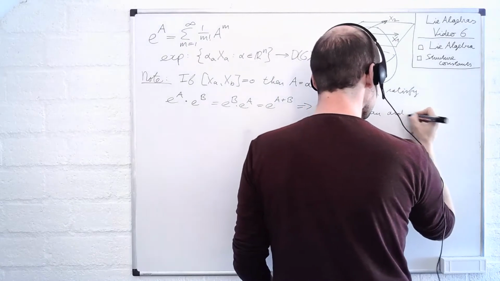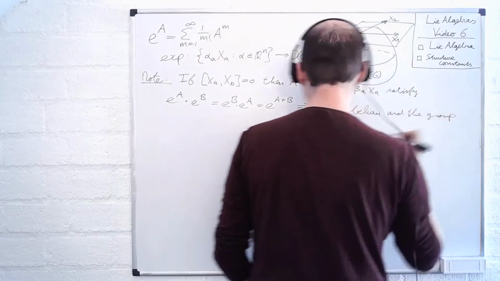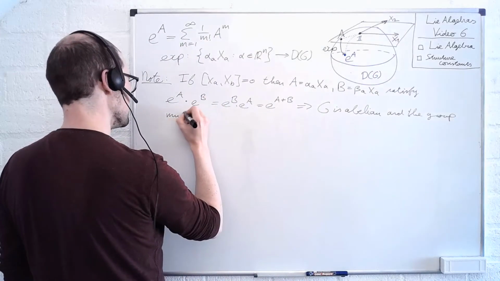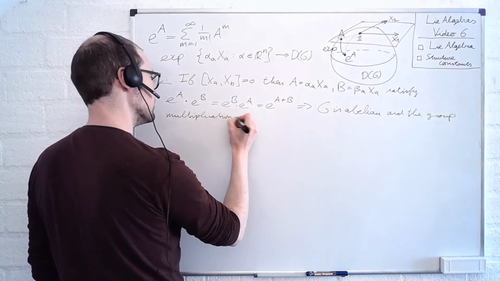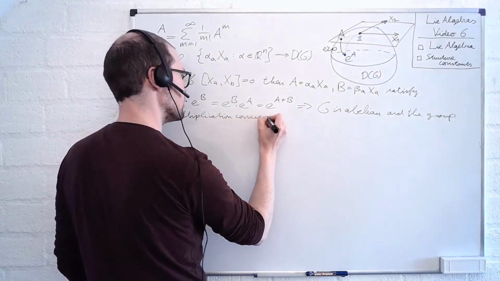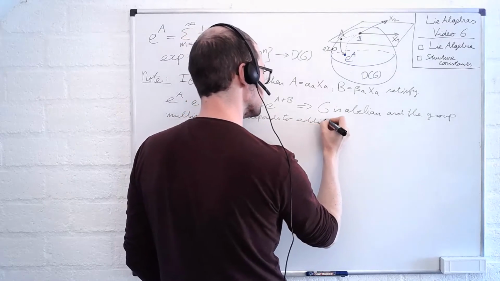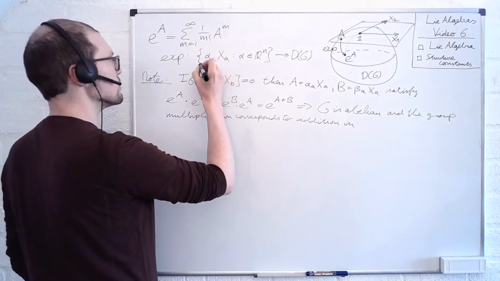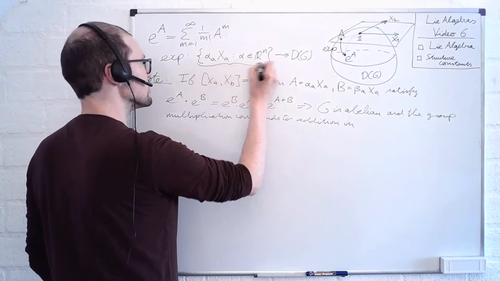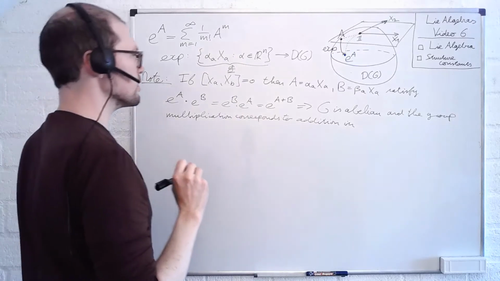So the group multiplication corresponds to addition in, okay, let's denote this tangent space by G with a small bar underneath.